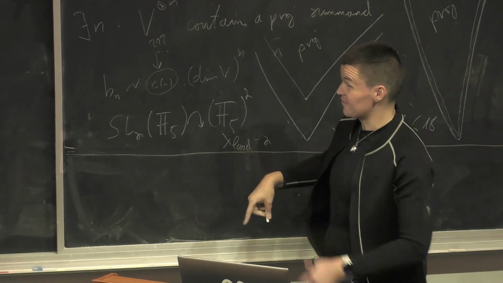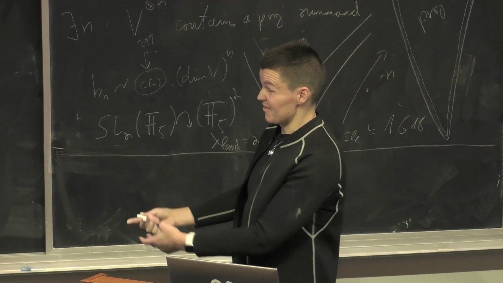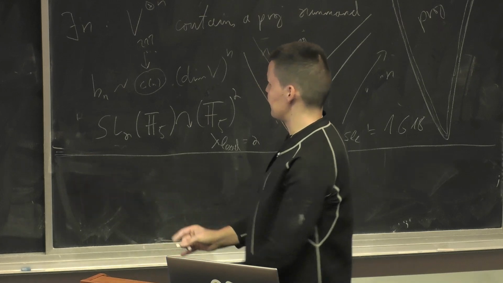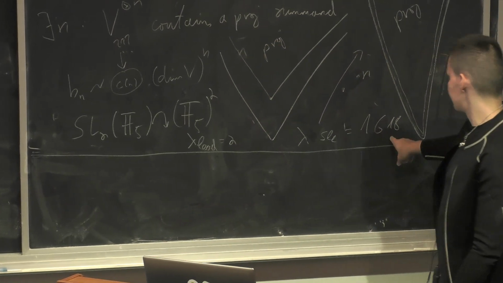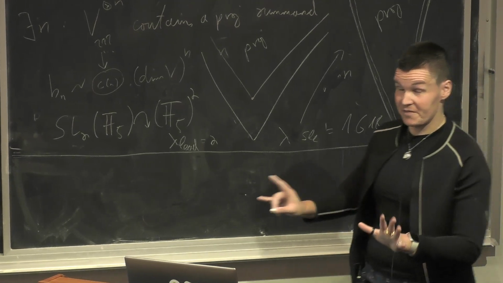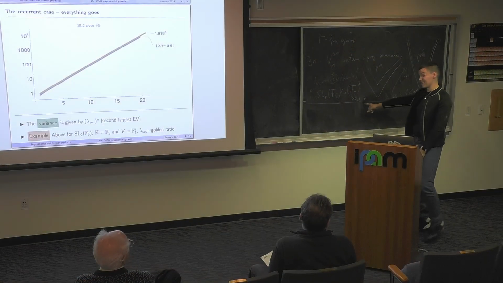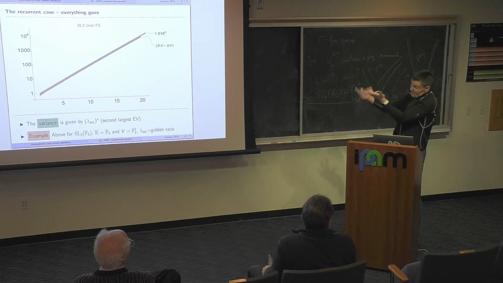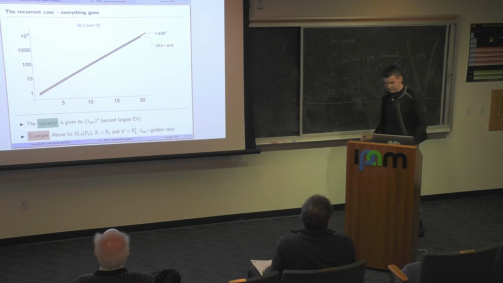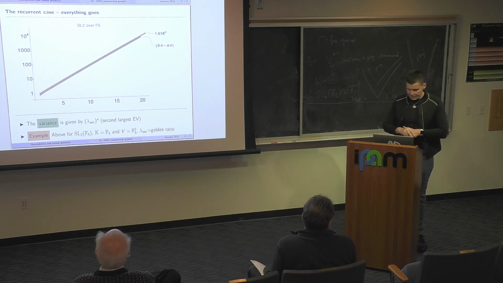So this grows as 2 to the n, and the error, the difference between the asymptotic formula and the real formula, still grows exponentially with this to the n, which is much, much slower, because one of them is 2 to the n, the other one is 1.6 to the n. So this one is much slower, but it's still exponential in growth.